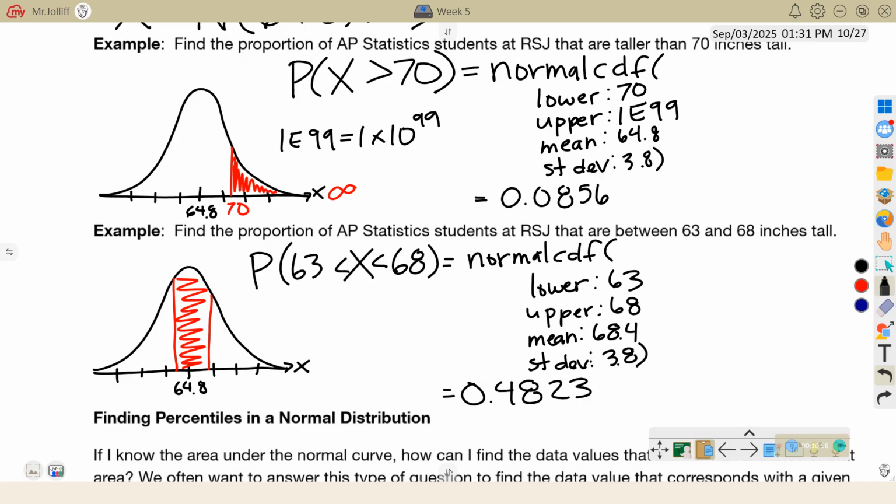You need to label all your calculator inputs with words, not with symbols. You need to include a sentence with every number answer you give me, right? The proportion of AP statistics students at Rancho San Juan that are between 63 and 68 inches is 0.48. It doesn't have to be complicated. Restate the words in the question, slap a number on. But you need to give that statement.